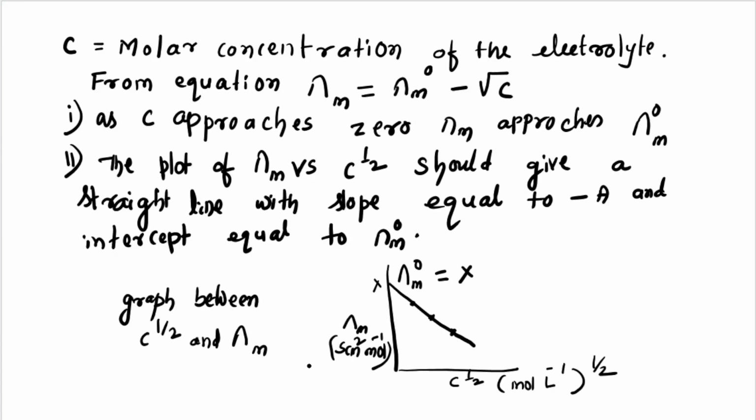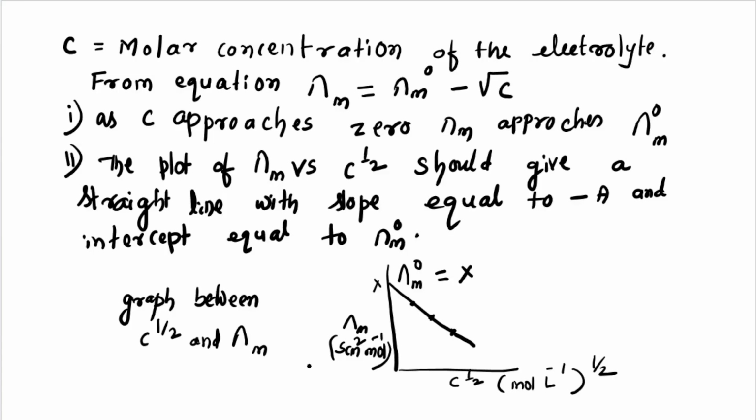So here lambda m has the unit S cm² mol⁻¹, and root C has the unit mol L⁻¹ to the power half.